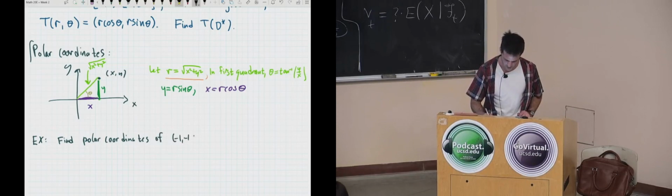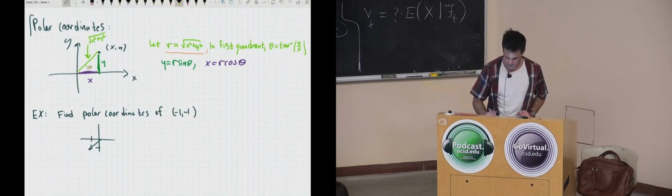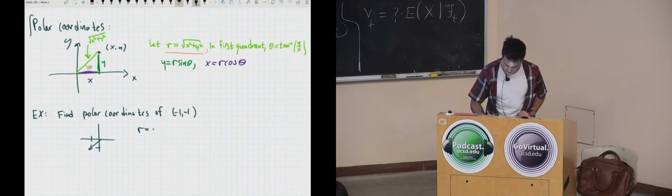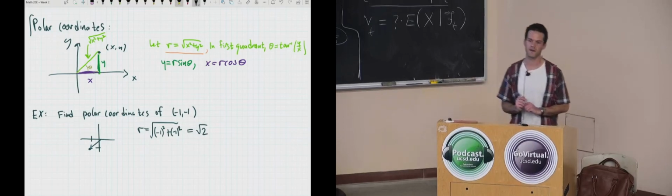How about -1, -1? So that's this point right here. R is pretty easy. It's the distance from the origin, so that's the square root of -1 squared plus -1 squared, which is root 2. What's theta, though?